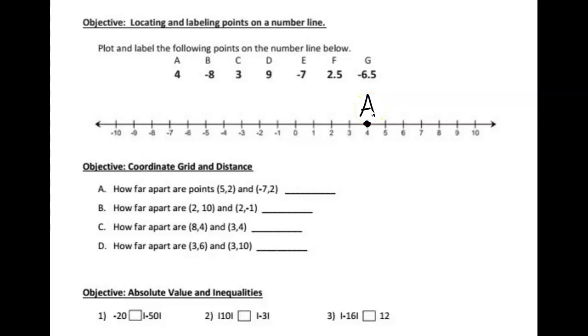So we have A at +4, B at -8, C is at 3, D is at 9, E is at -7, F is at 2.5, so that's halfway between 2 and 3, and I'm going to put a dot and then label it down below since I'm running out of room. And then G is at -6.5, and that would be between -6 and -7.